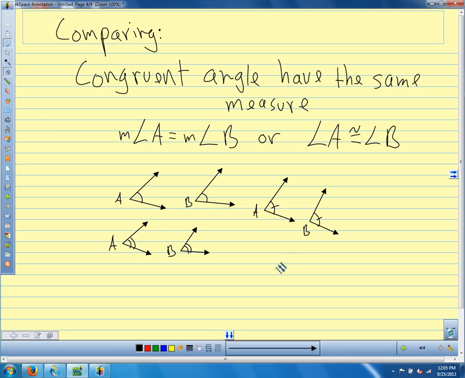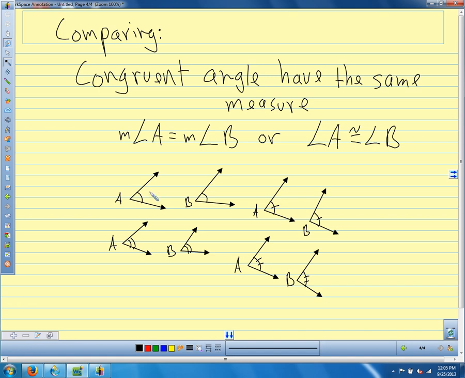And I can use as many tick marks as I want. So for all of these, we're saying angle A is congruent to angle B. I mean they have the same size and shape. If we measure them, they should have the same degree measure. They have the same number of degrees.